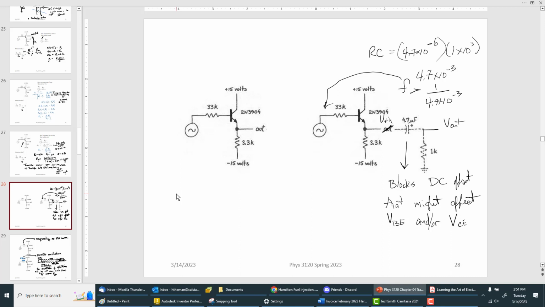And the way you pick it is that you have a time constant, in this case 4.7 milliseconds. If you invert that, that might be 120 hertz or maybe 180 hertz. So as long as you have a frequency above that, the capacitor has no effect on the output signal.